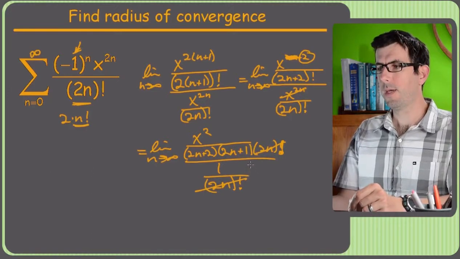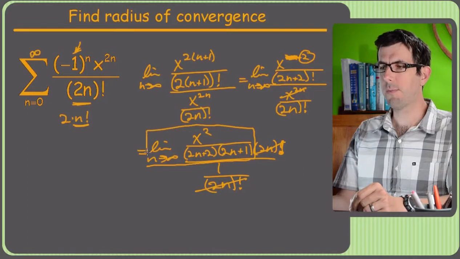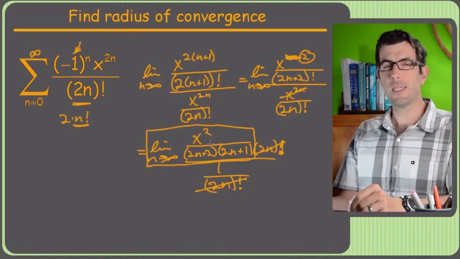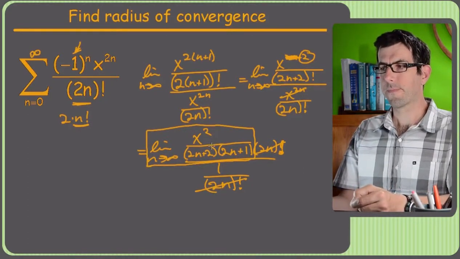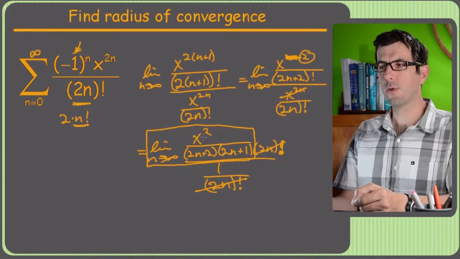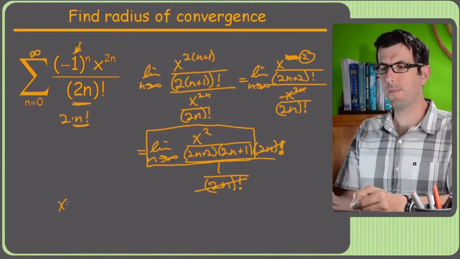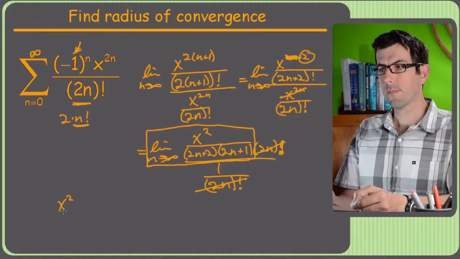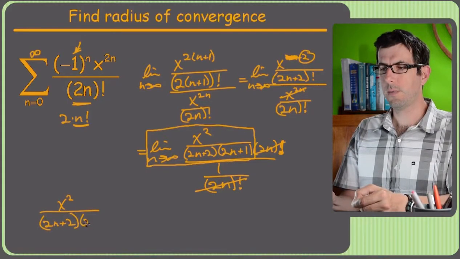All right, so at this point, everything's reduced, and this is what's left of our problem. So we need to take the limit of that as n approaches infinity. And so the question is, what can we plug in for x that would make this equal to 1? So we need x squared over 2n plus 2 times 2n plus 1.